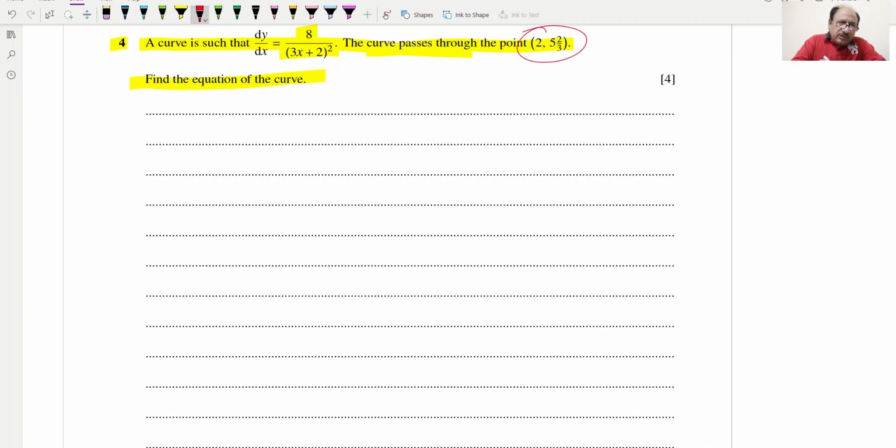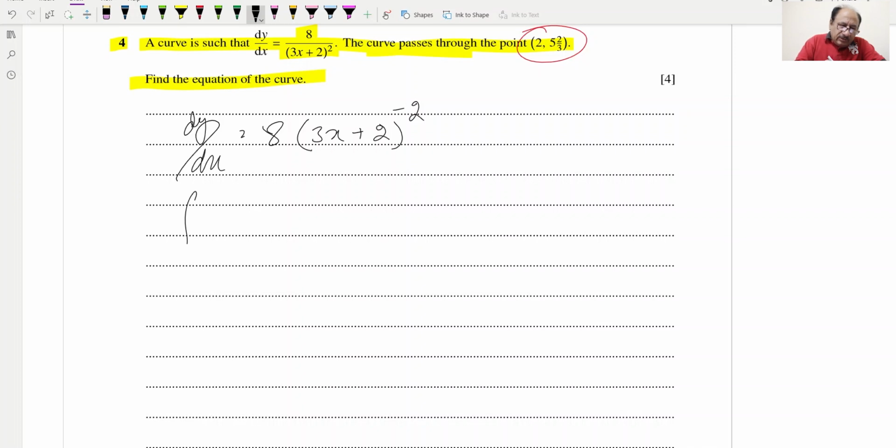So we will use the gradient and we will find the equation of the curve by integrating. So dy by dx is given, which we can write like this: 8 into 3x plus 2 raised to the power minus 2. The denominator we have shifted to the numerator, and now we can integrate.